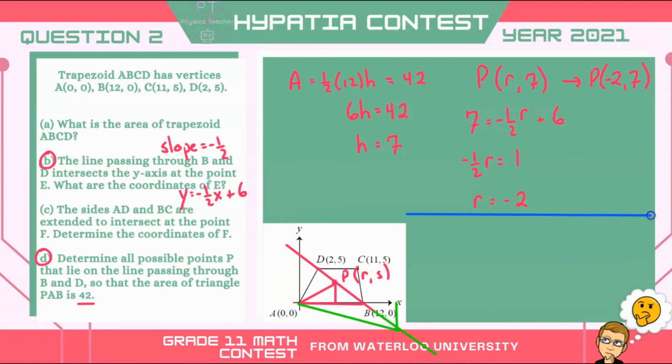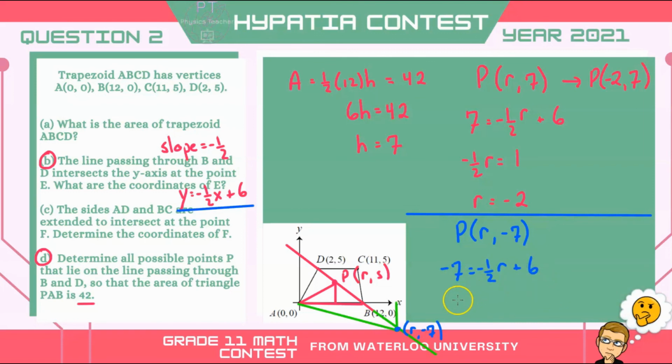So now let's do the same thing for the P which has x-coordinate r and y-coordinate negative 7. It's this one down here, which is below the line, with coordinates r and negative 7. So we're going to use the same equation, y equals minus 1/2 x plus 6, where we have y as negative 7, so negative 7 equals minus 1/2 r plus 6.